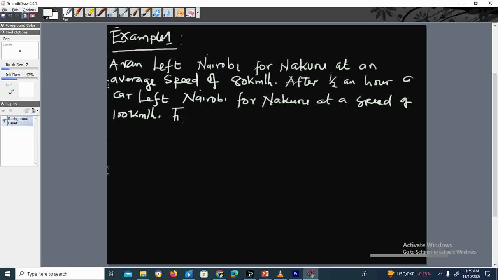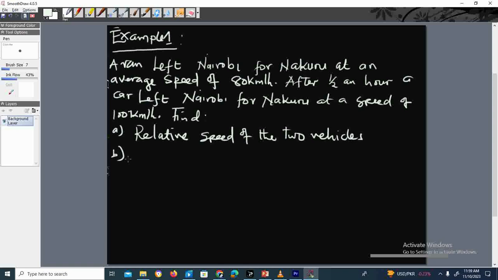Find A, the relative speed of the two vehicles.